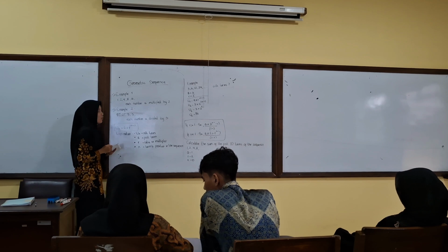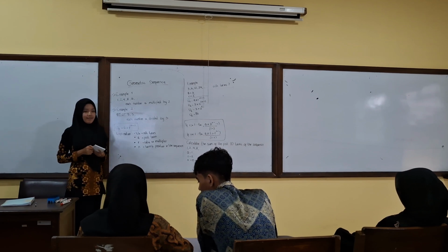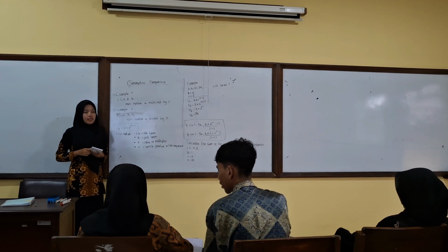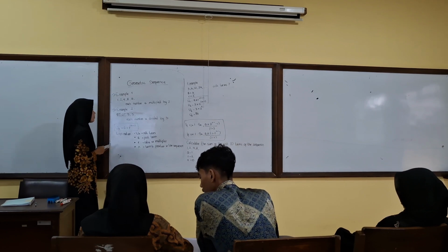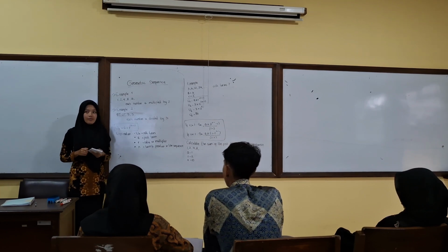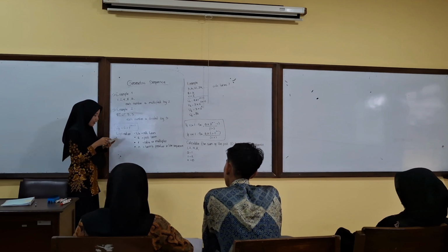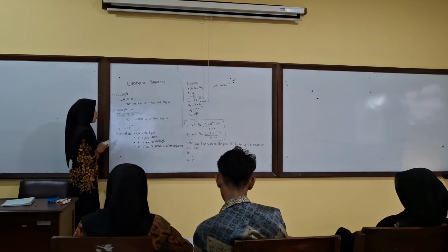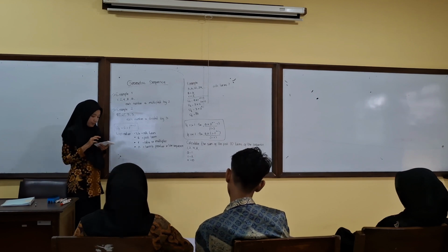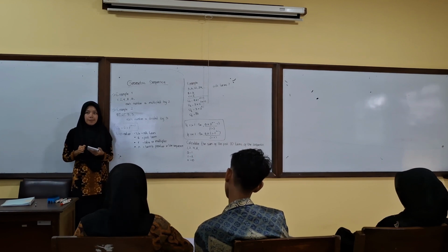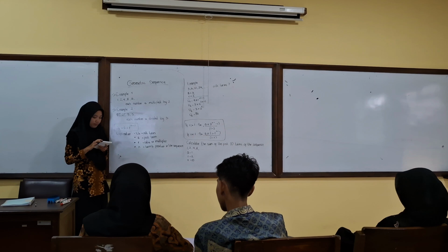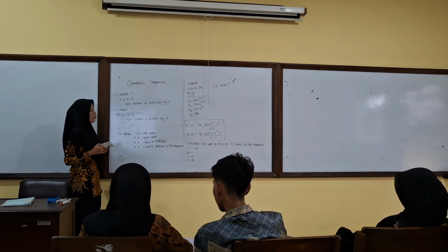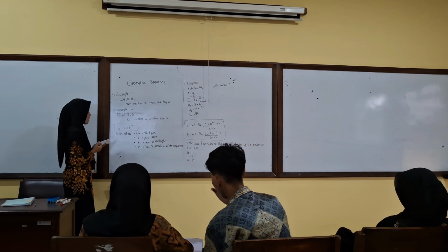Example: 162, 54, 18, 6, each number divided by 3. Very good. Now, let's learn the formula for geometric sequences.